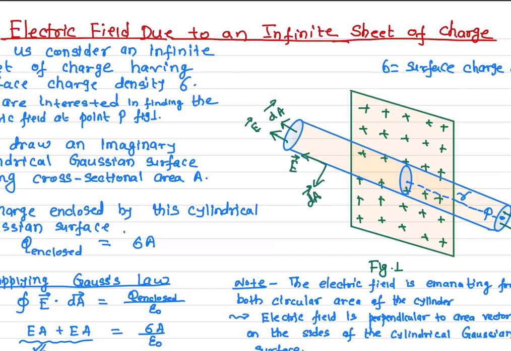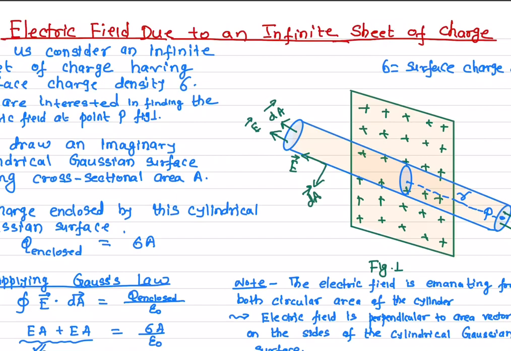In order to find the electric field at this point, we're going to use Gauss's law. And what does Gauss's law tell you? First, we're going to assume an imaginary Gaussian surface.